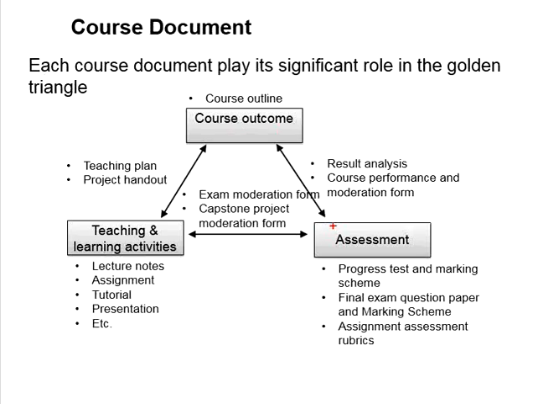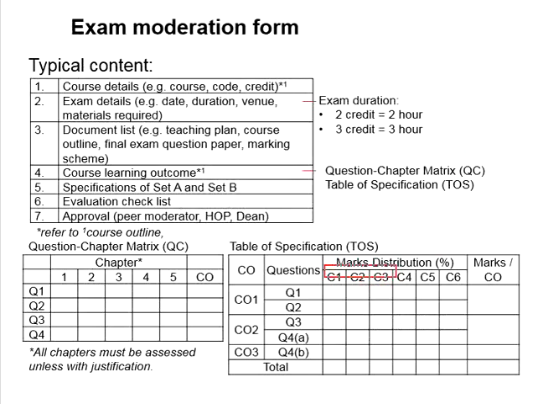So this will have to be well aligned with your course outcome. This is why we say the assessment will always have to be aligned with the course outcome. And then, based on the different levels, C1 to C6, these represent Bloom's taxonomy related to the cognitive domain.